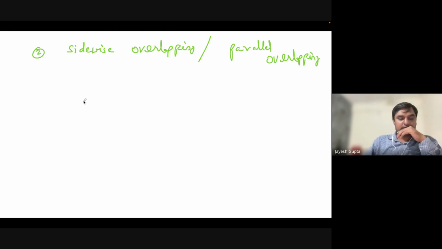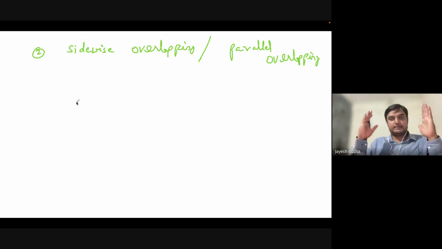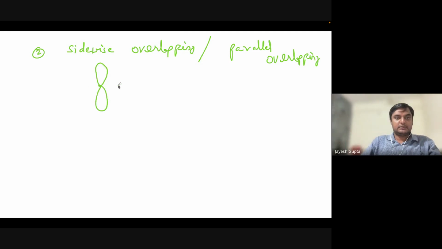Okay. So here the parallel direction thing that I've already told you. The two orbitals have to be parallel, and after they are parallel, overlapping is formed.